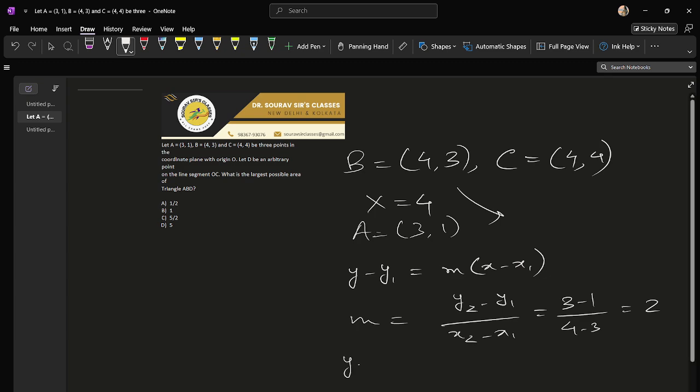After putting the values, we get y minus 1 equals 2 times (x minus 3), so y equals 2x minus 5. Then AB is a segment of this line, y equals 2x minus 5.